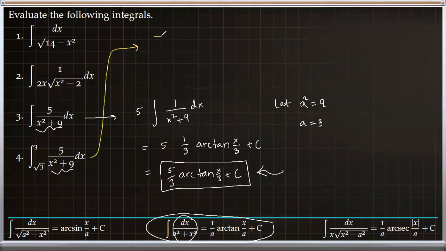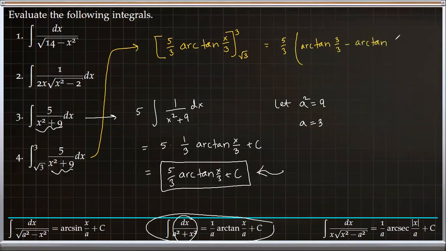This will simply come out to be 5/3 arc tangent of x over 3, evaluated from x equals square root of 3 to 3. I can pull that 5/3 out. So we are left with arc tangent of 3 over 3 minus arc tangent of square root 3 over 3.